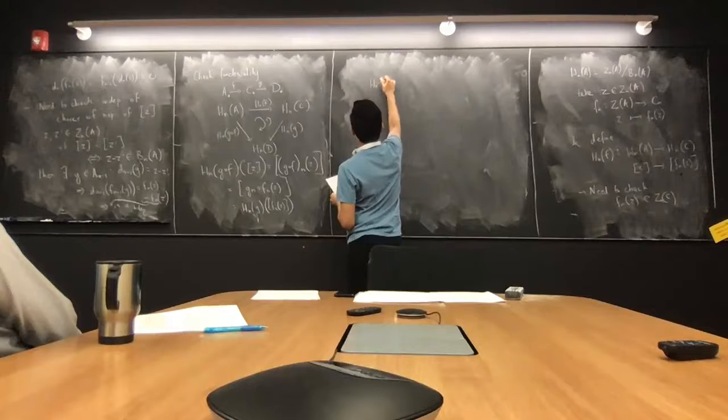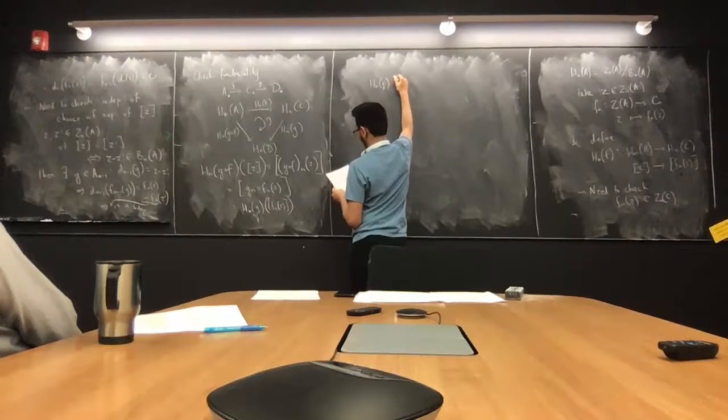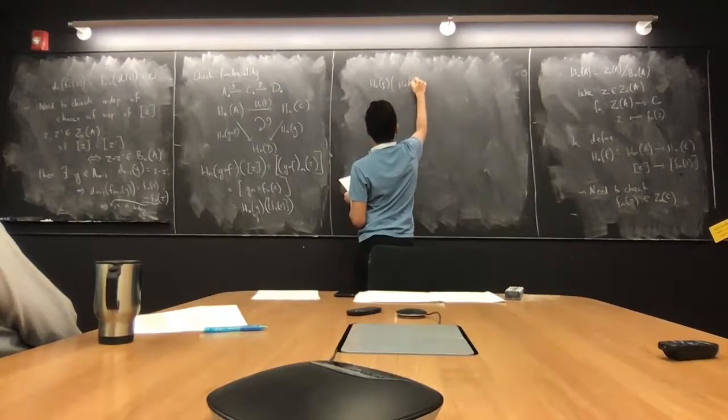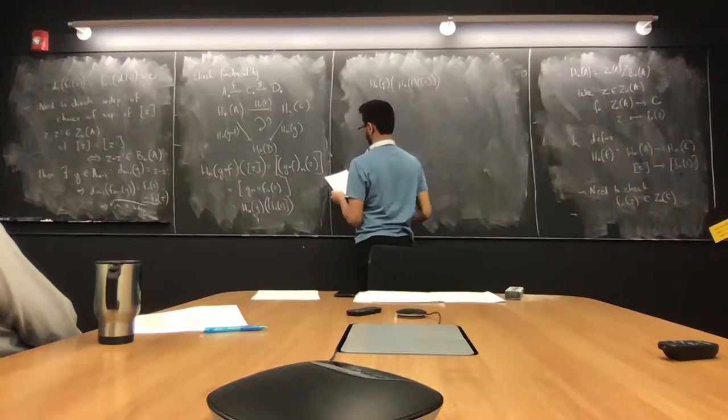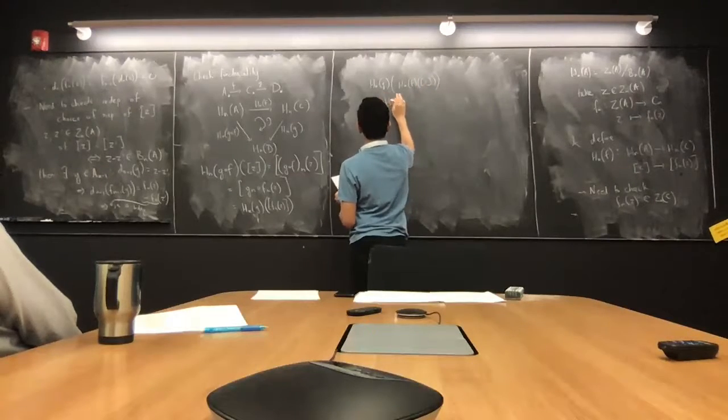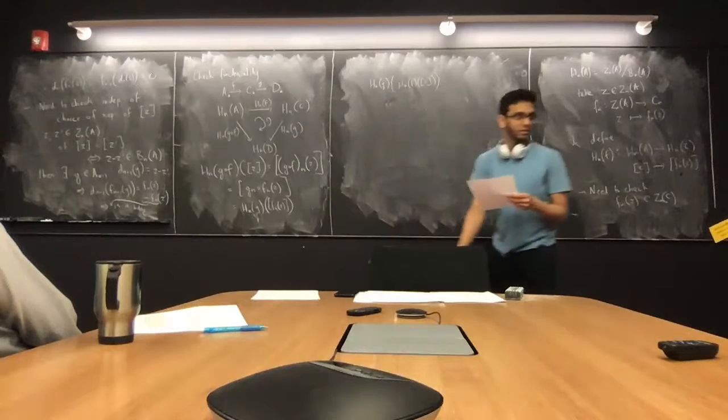So this is Hn of G acting on Hn of F acting on the equivalence class of Z, which is equal to, well, we just showed that this commutes.